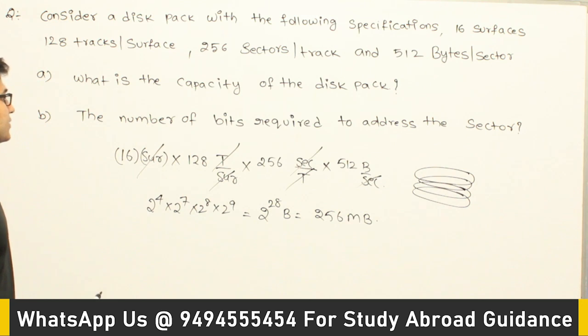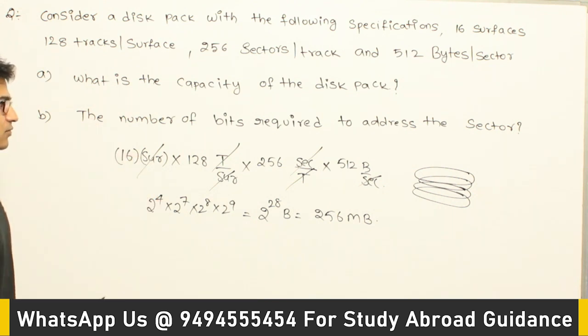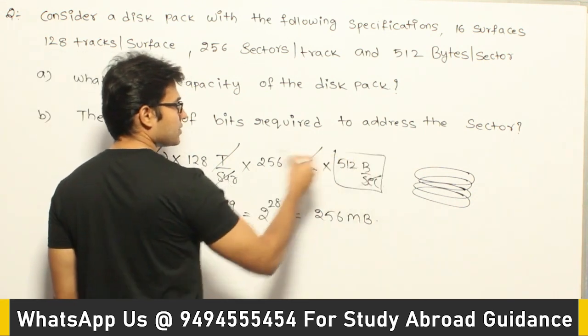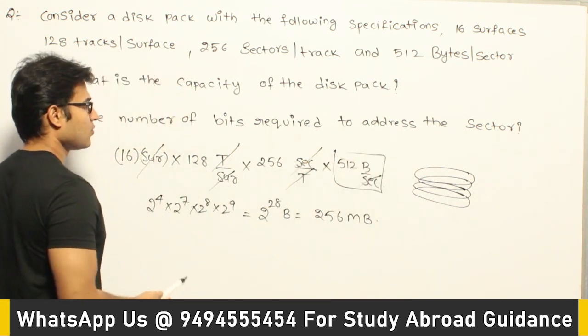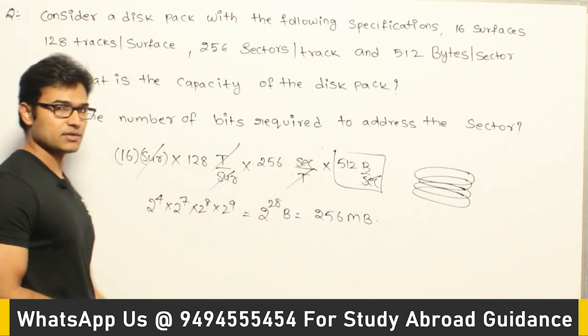Alright. Now the next one is, what is the number of bits required to address the sectors? To address a sector, it depends on how many sectors are there. So let's find out the number of sectors. In order to find out the number of sectors, you don't multiply with the sector size. If I don't multiply with that, the final answer I will get will be the number of sectors, isn't it?